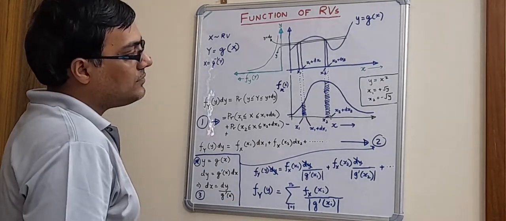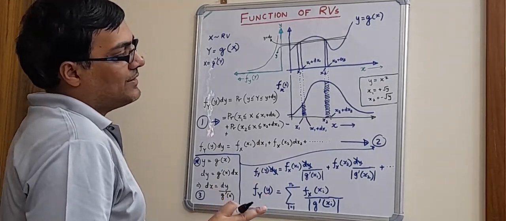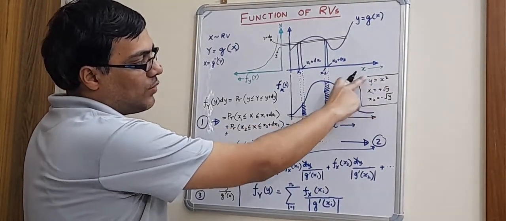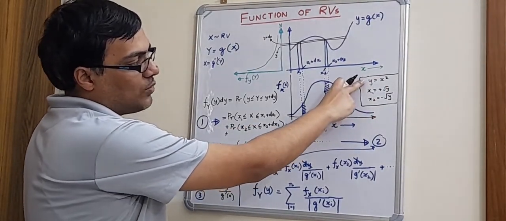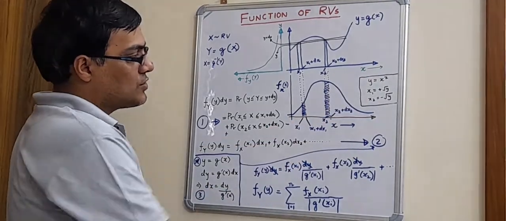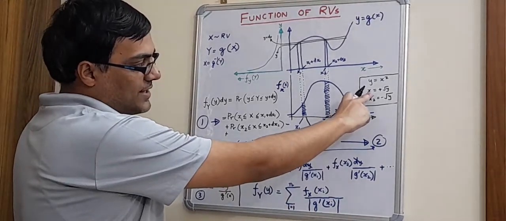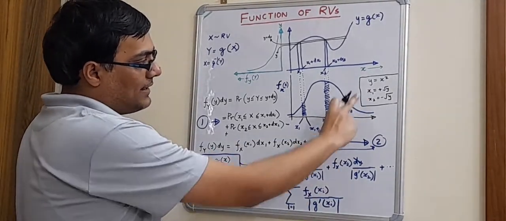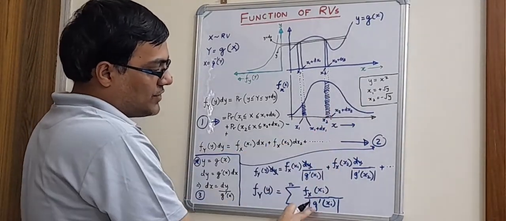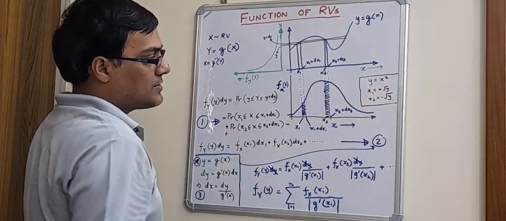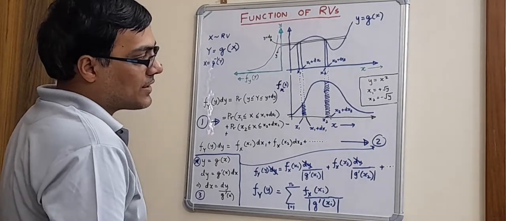So the example that is provided in the slide is: if x is a normal distribution, then what will be the PDF of y such that y is x square? So what you do first is get the roots, that is x1 and x2, and then you find the derivative g dash x. What is your g of x? g of x is equal to x square for this case. So g dash x is equal to 2x.